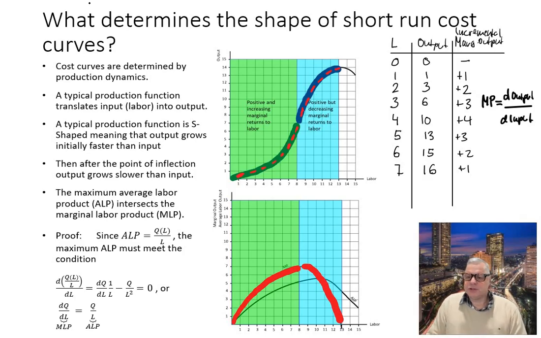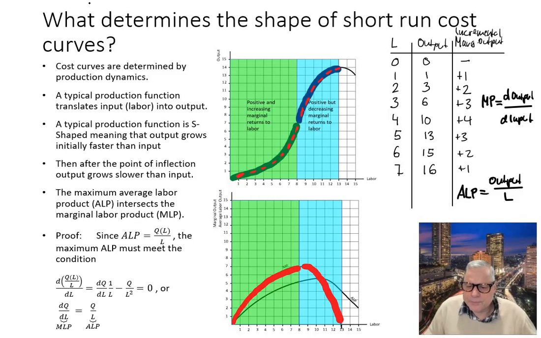That's the marginal product. And the average product, actually the average labor product, ALP, because our input factor is labor, is simply total output over total labor.